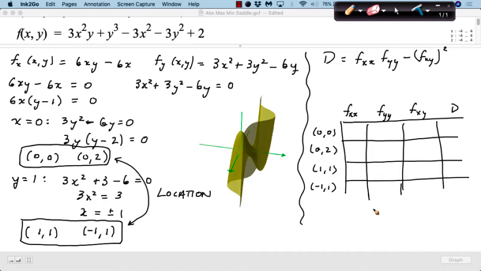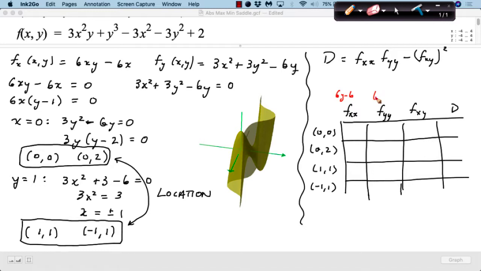So that means we have to find fxx and all these. What is fxx? 6y minus 6, is that right? Fyy? 6y minus 6 again, is that right? Happens to be the same. That's just a coincidence.